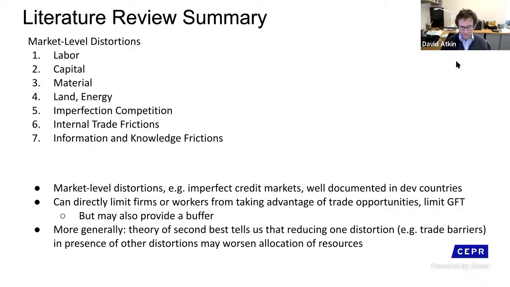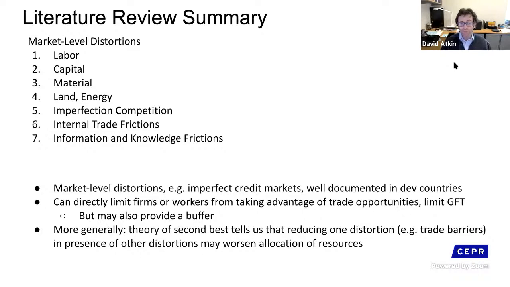And so those are ways that these types of distortions are going to directly impact the gains from trade. More generally, one way to think about trade liberalization is as a reduction in a distortion. In particular, if you had a bunch of high tariffs, those are distortionary, and by removing them, there should be allocative gains, which are at the heart of the gains from trade.